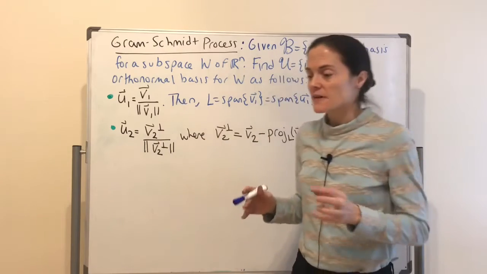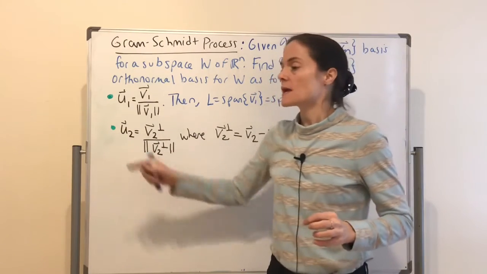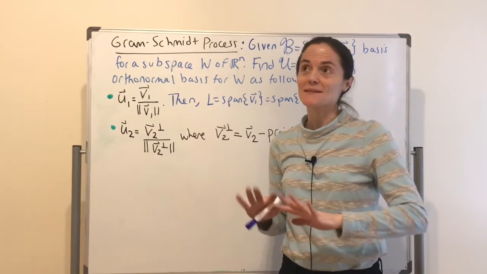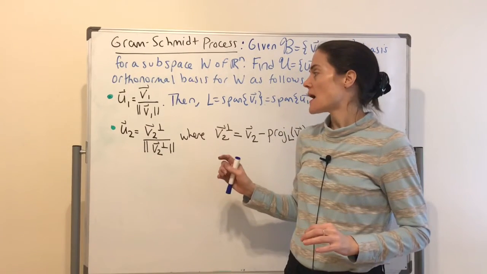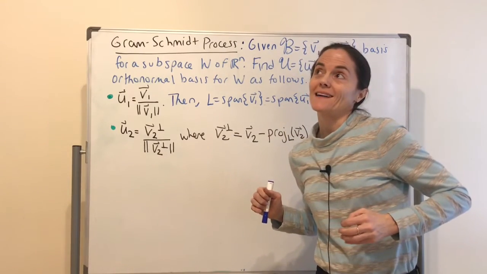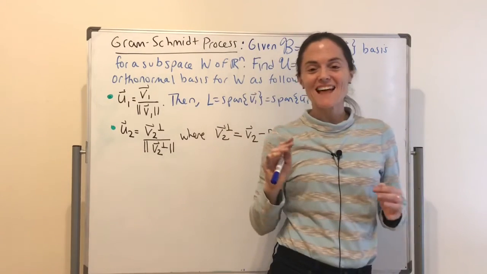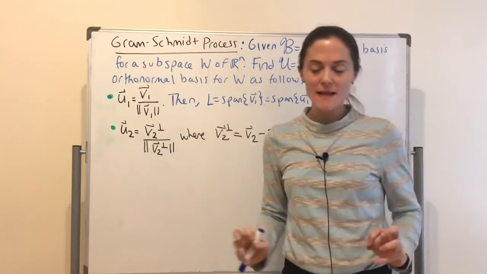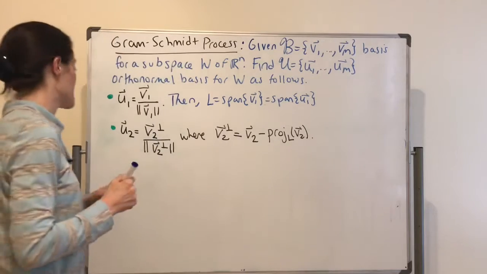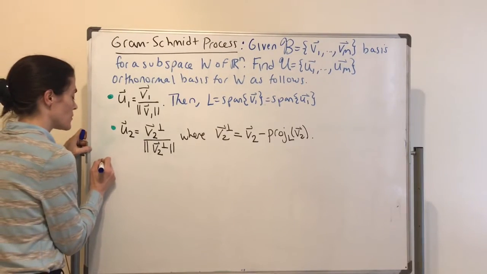Just like we saw, right? We just did an example. We found U3. We took V3, projected it onto the plane spanned by U1 and U2, and then took the orthogonal component of that and then divided by its length. And this is what we do in general. So let me just tell you the Jth step.